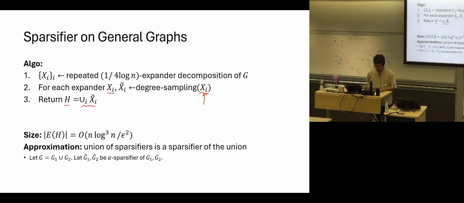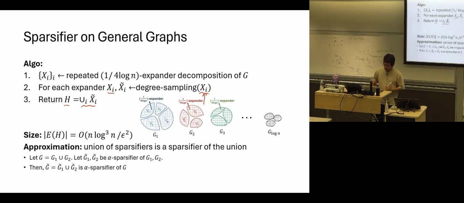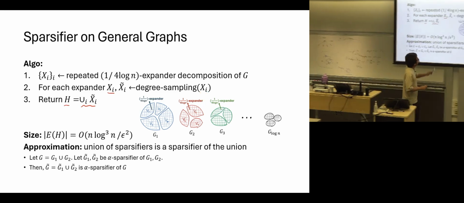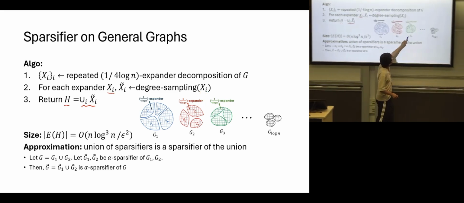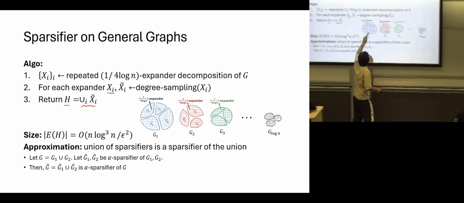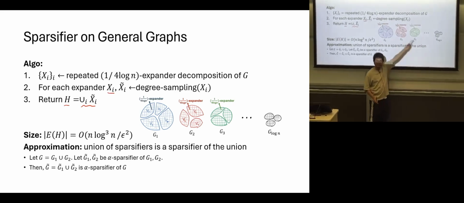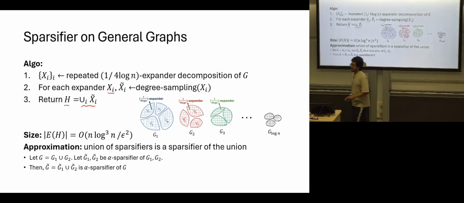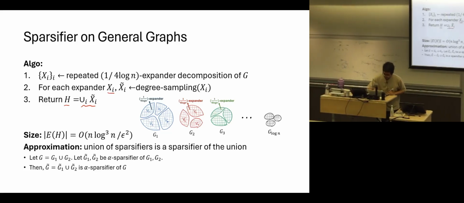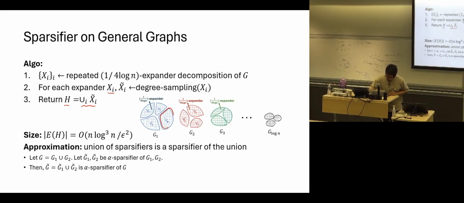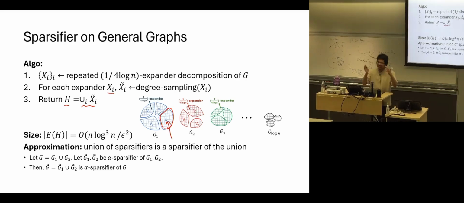Okay. With a picture, you have a graph here. You do the repeated expander decomposition to get this picture. Now, for each expander here, this could be dense, right? We just know that it has good expansion.